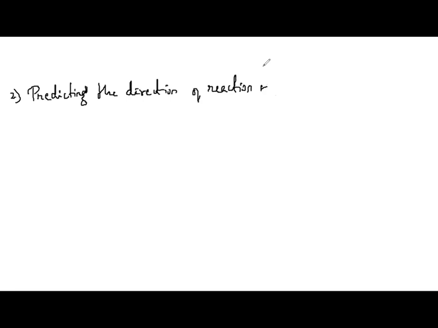Now see, when we speak about equilibrium constant, we say Kc is equal to the product of molar concentrations of the products raised to their stoichiometric coefficients, to the product of molar concentrations of the reactants raised to their stoichiometric coefficients. Correct? This is when the reaction has attained equilibrium.